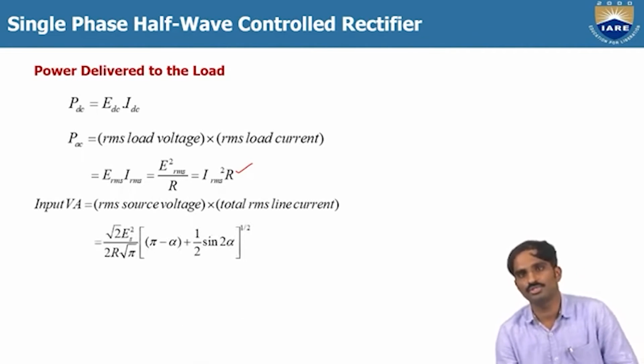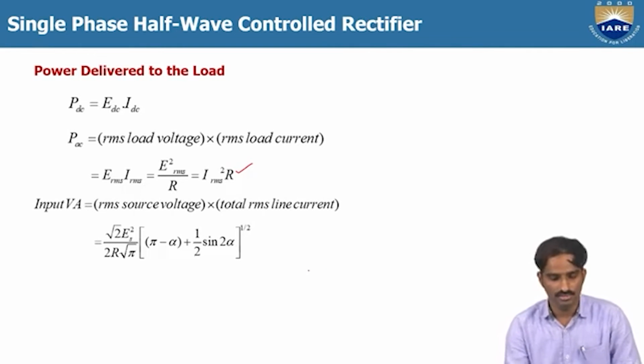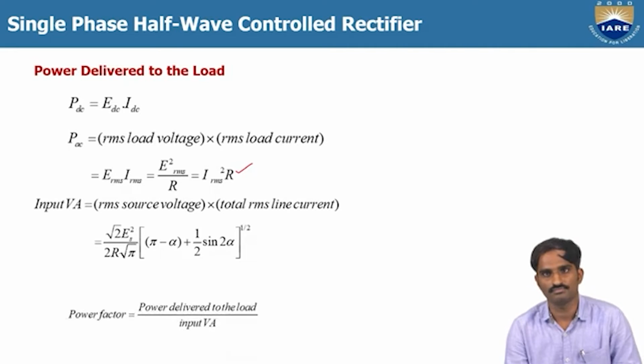You can substitute these two values, then you will get the total input VA, which is root 2 into ES square by 2 into R into root pi into pi minus alpha plus 1 by 2 sine 2 alpha, whole square.